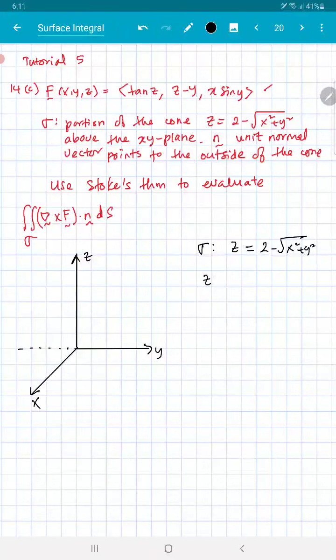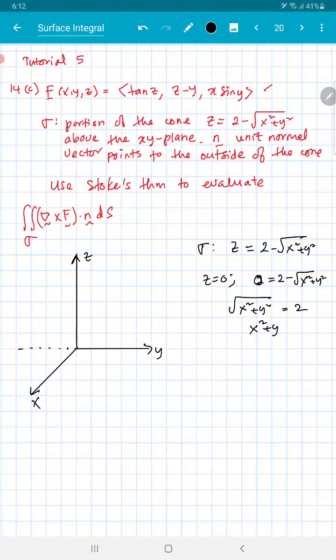Now when z is 0, what we have is 0 equals 2 minus the square root of x squared plus y squared. Rewriting that, the square root equals 2. Squaring both sides, we have a circle of radius 2. So let's say this is 2, this is 2, this is 2, and this is 2.